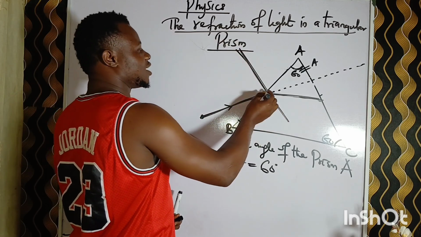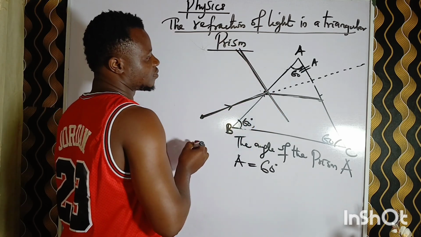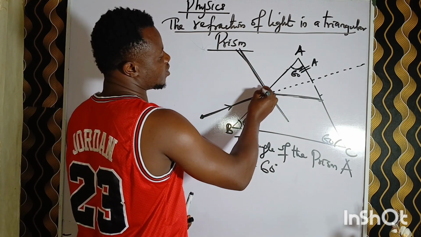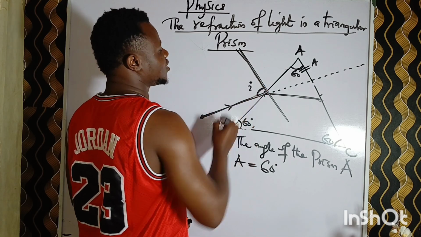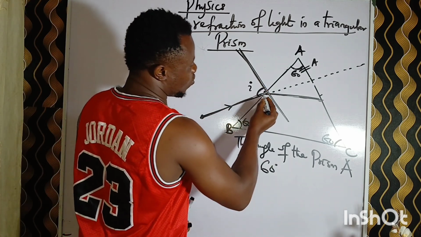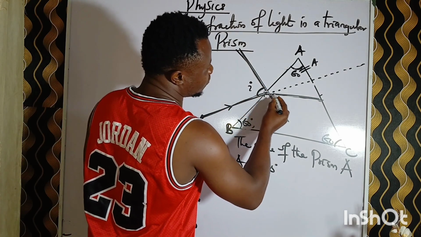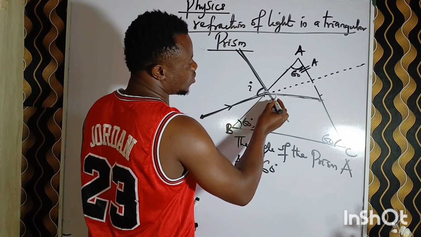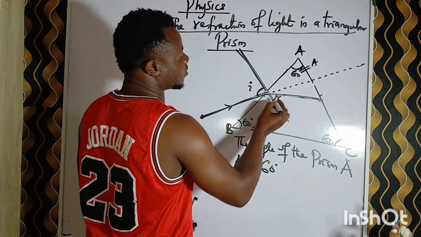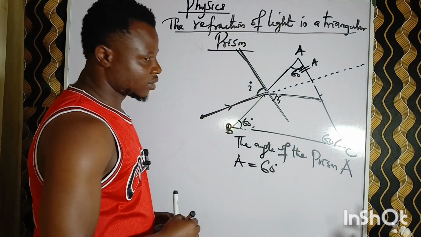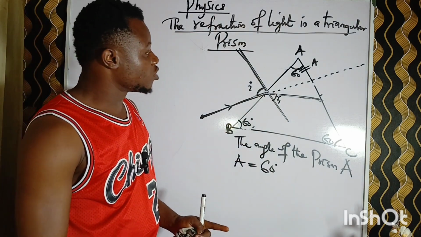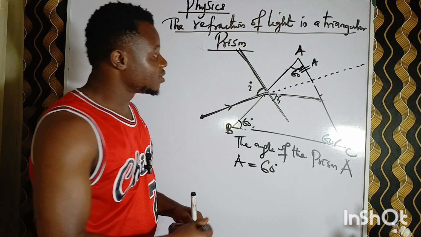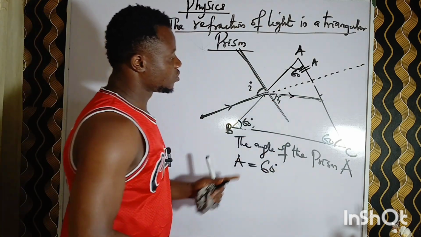At the point the light touches the interface, this angle here is the angle of incidence. The light that comes to this point is deviated, refracted, with an angle which we call R1. You can see, the angle of refraction is the angle measured from the refracted ray, which is this, to the normal.